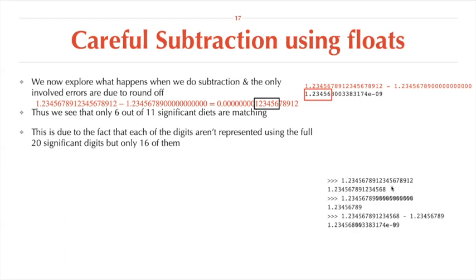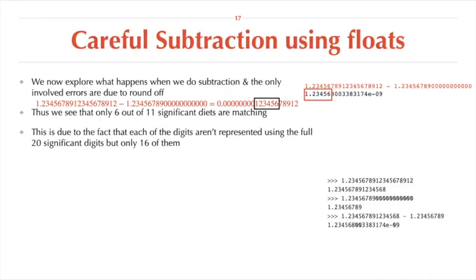So it will round it off. Here you can see that 1 is here, so it will match till 5, and then here is 6, but it has rounded off whatever comes after 6 to 8. This is the first round off, and that is causing the error. Similarly for this, it has just chopped off these numbers here. Although this has 20 significant digits, it has stored only 4, 8, and 9.